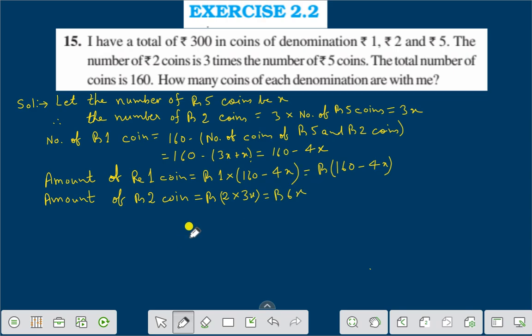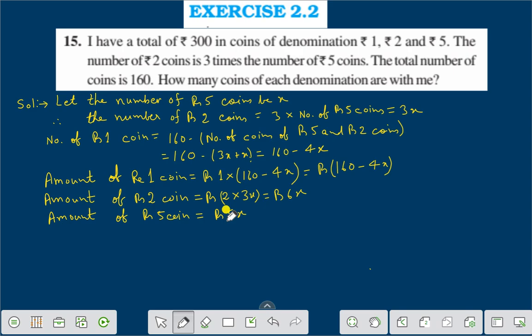The amount of rupees 5 coins is equal to rupees 5x, right?